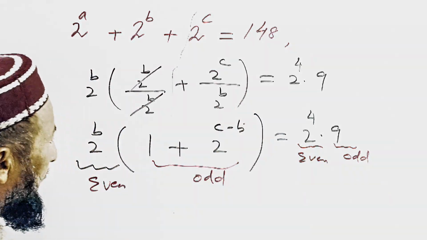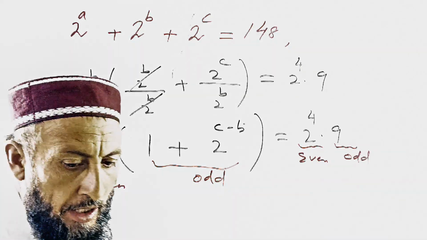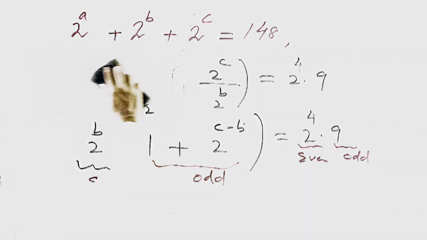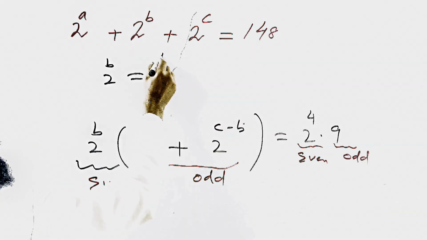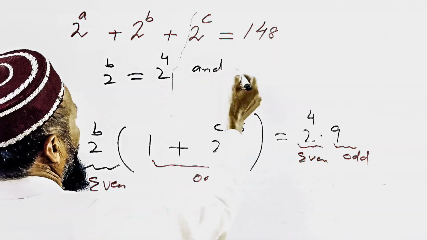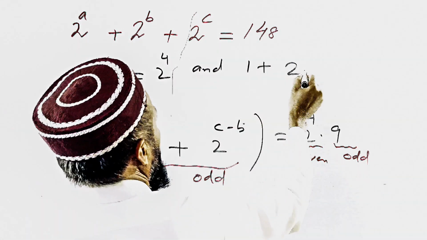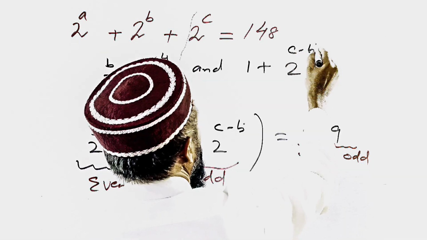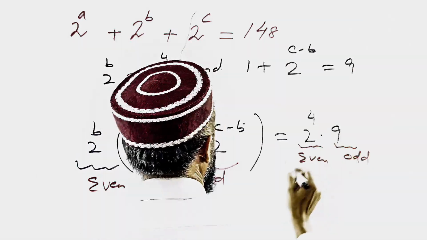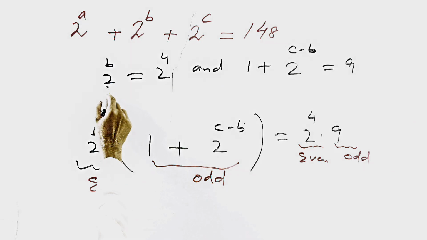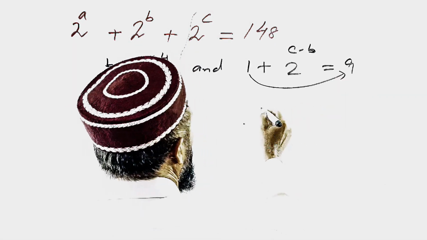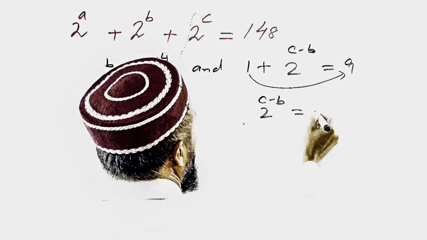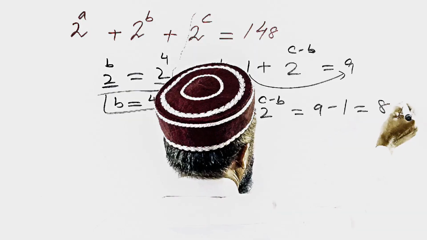Again we compare odd with odd and even with even. 2 exponent of b is equal to 2 exponent of 4, and 1 plus 2 exponent of (c minus b) is equal to 9. Now again the bases are the same, so we take the powers: b is equal to 4. For the other, 2 exponent of (c minus b) is equal to 9 minus 1, which is 8.